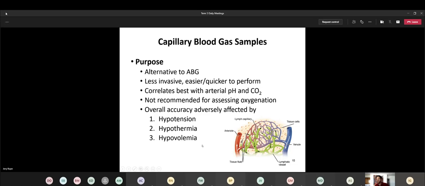And if that happens, that's going to change your pH. Often, if your pH ends up being acidic, it's probably because you squeezed too hard, and the baby's pH probably really wasn't that acidic, or probably wasn't even acidic to begin with. But because you got desperate and started really squeezing down on that heel, you kind of created the problem yourself. Same would go for hypothermia.